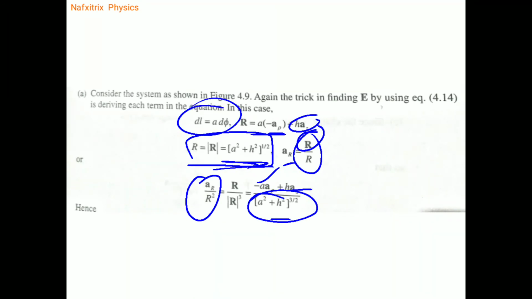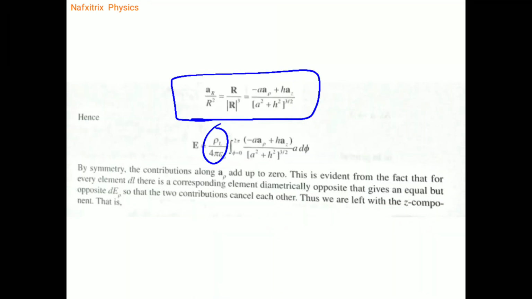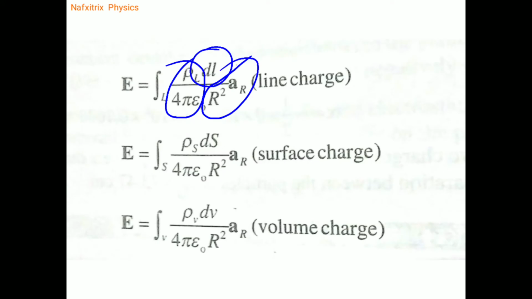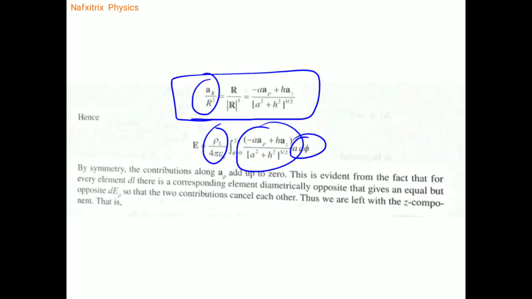So it is replaced with a d phi, and aR by R square is replaced with this, which was the remaining thing in the formula.